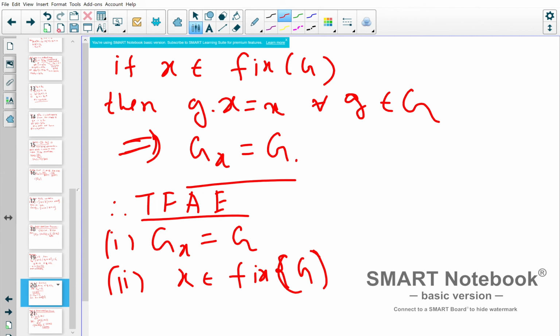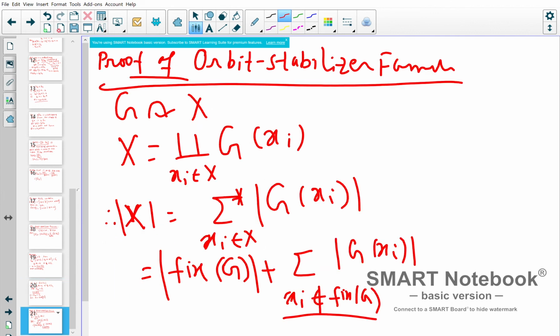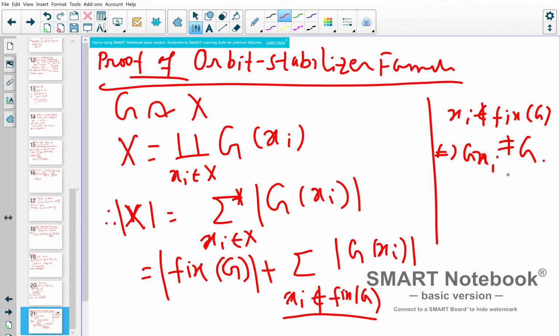So what does that mean? That means if x does not belong to the fixed point set of G, then your stabilizer is a proper subgroup. The stabilizer cannot be equal to the full group, right? So if x_i does not belong to the fixed set of G, then G_{x_i} is not equal to G. Clear?